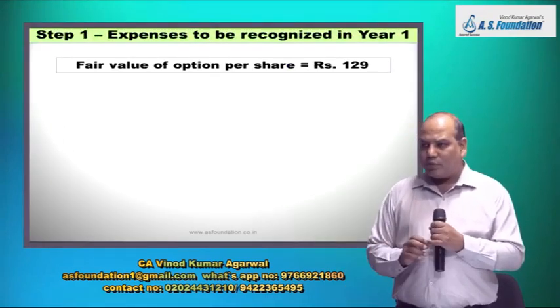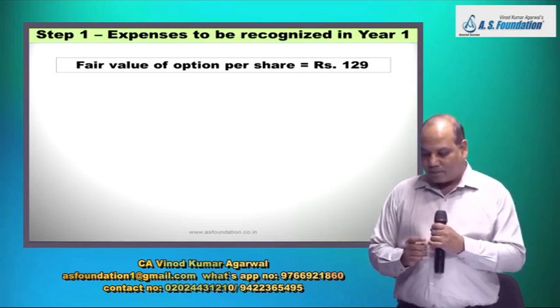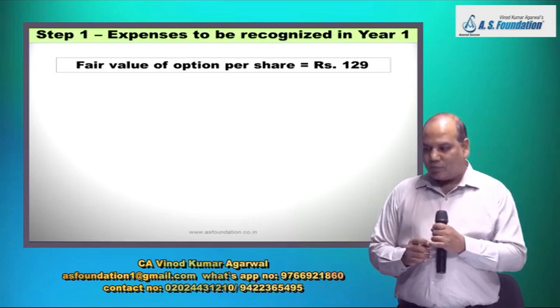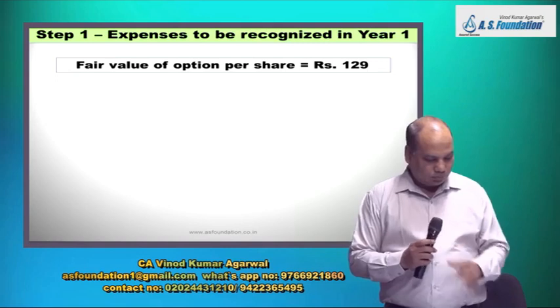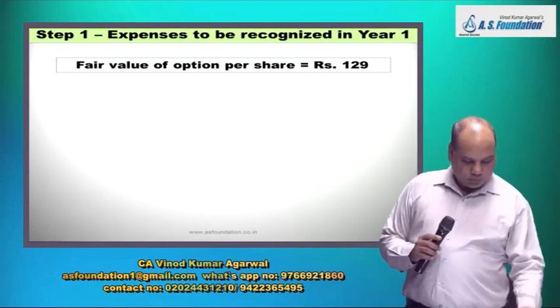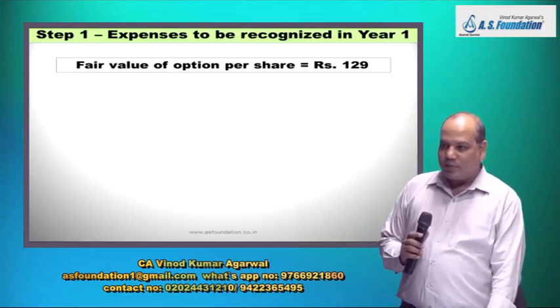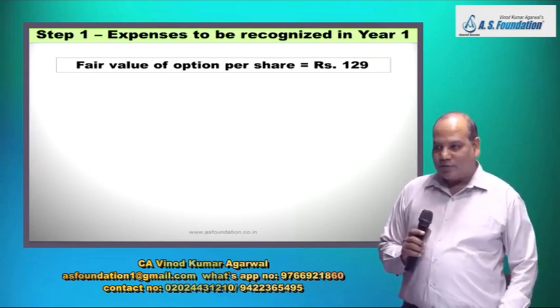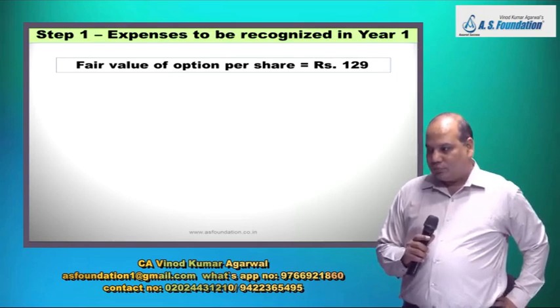In the first year there will be no problem. Step 1. The additional expense is based on the two fair values on the same date, that is the date of modification, and the original fair value will continue.